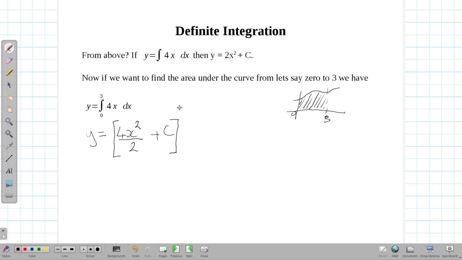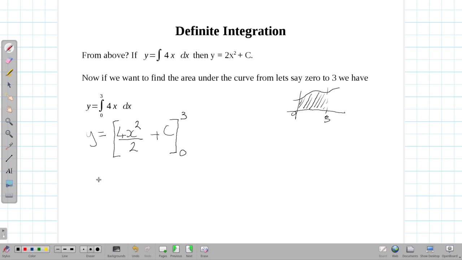Sometimes you'll see it written with just a solid line, and then the limits will be put against a solid line like this. I have seen it done that way, but usually in the UK and I think in Europe they tend to do it in square brackets and put the lower limit at the bottom and the upper limit at the top. So this tells us what part of the area we're looking from, the difference from here to here. So basically it's 3 minus 0. Okay.